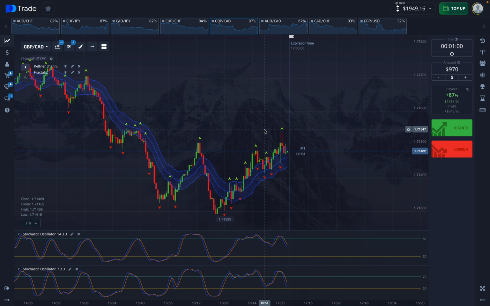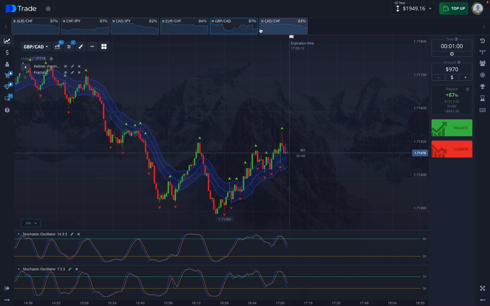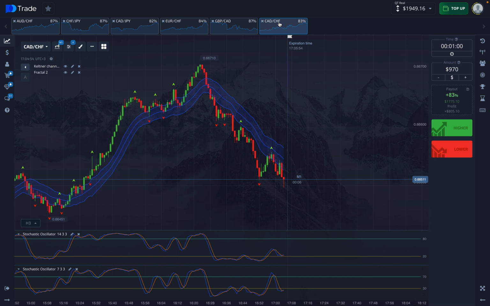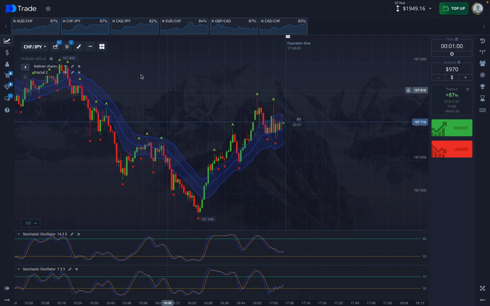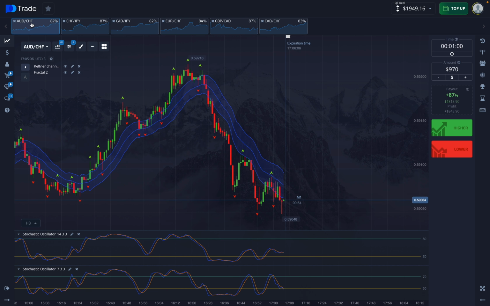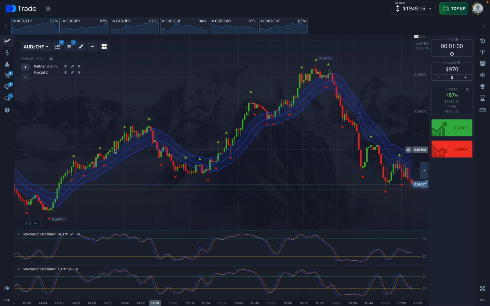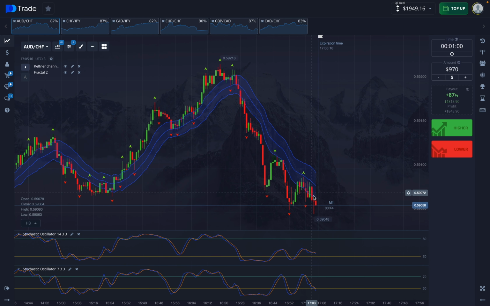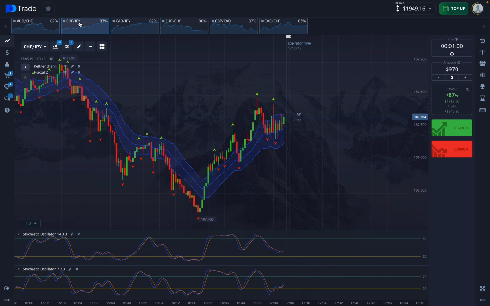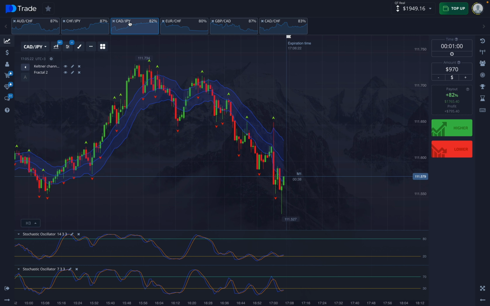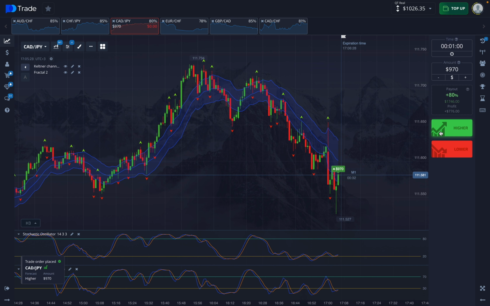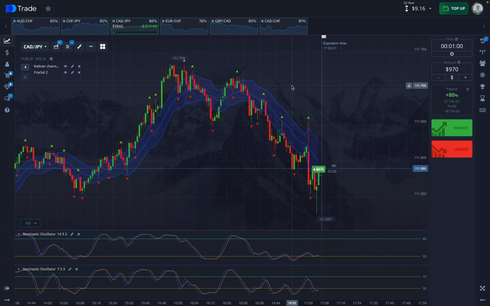Let's proceed and pick up the following currency pair. And here, I will most likely open 2 deals on the rise.